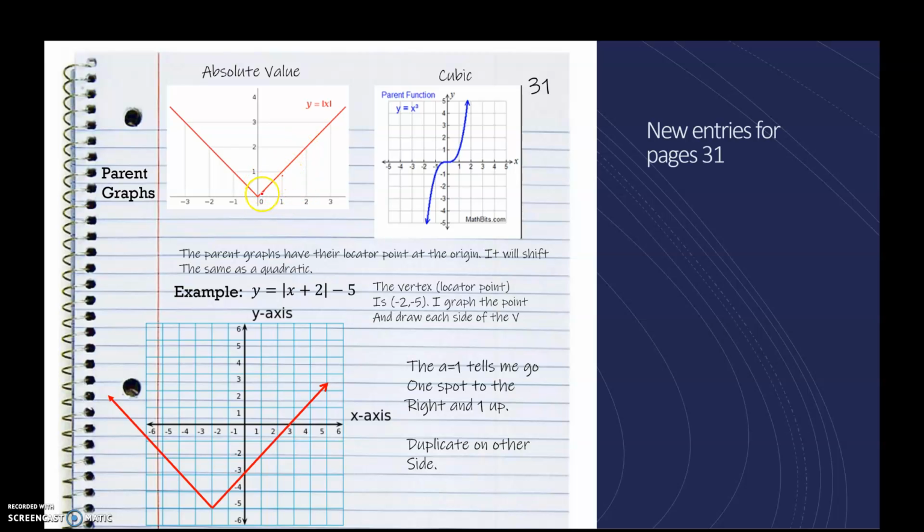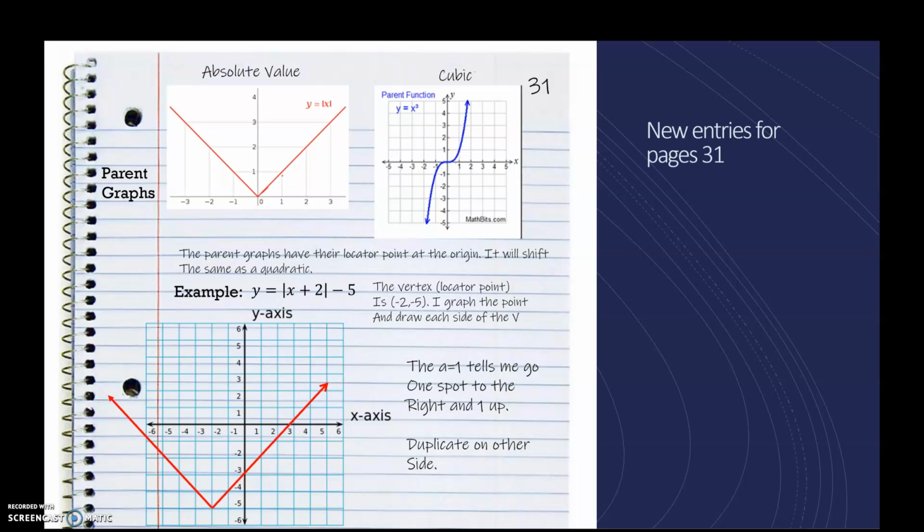And it just follows that same pattern, a slope of 1 on both sides, and it's a negative 1 on the left side. For the cubic, when you move 1 to the right and you cube that number, 1 cubed is 1. When you move 2 to the right, 2 cubed is 8. So it's actually all the way up the top. So that cubic is just that little squiggly looking shape there.